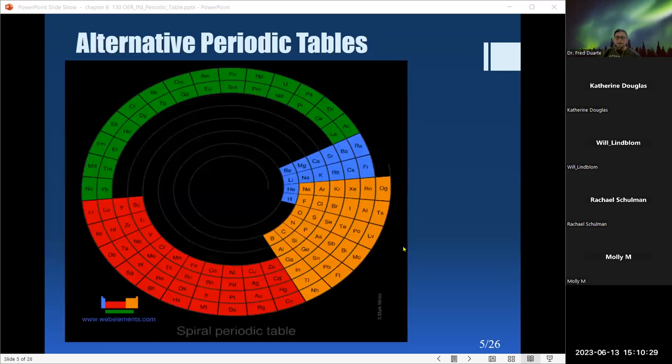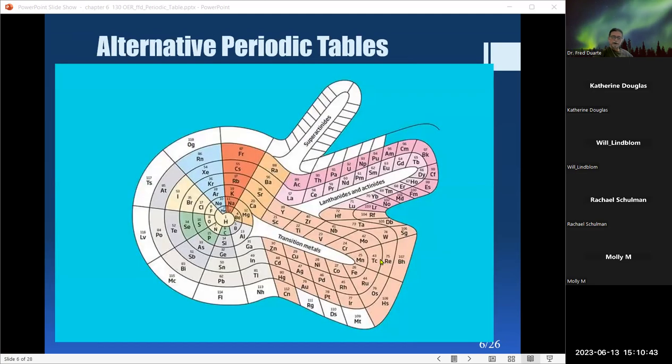There's been some other examples. There's been alternative periodic tables. There's a circular one that's been proposed of all the elements, put into a circle. Okay, here's another one. This one does prediction. There's an area here called the superactinides.